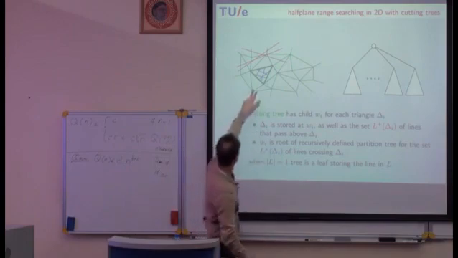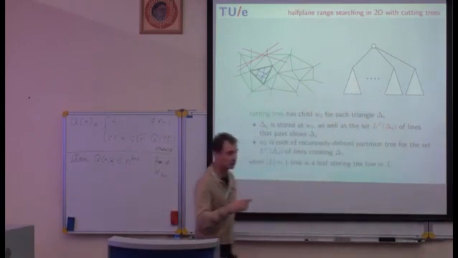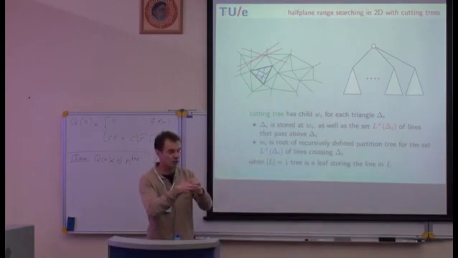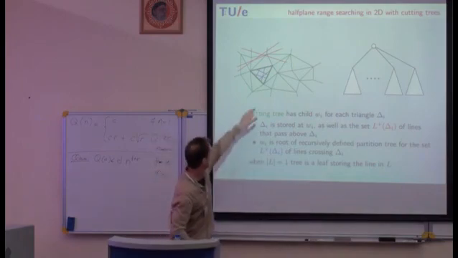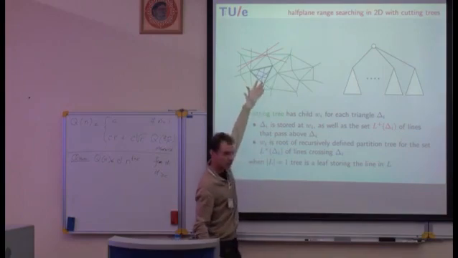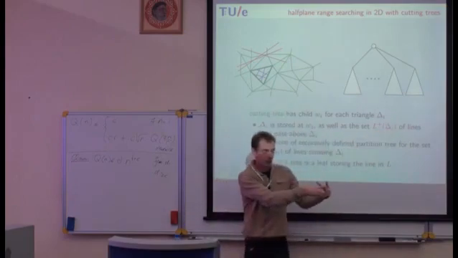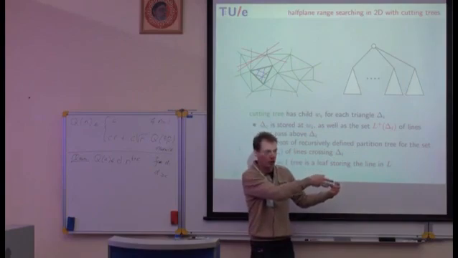So each of these triangles is going to be a child of the root. I store with that node exactly as you're saying: for each triangle, I look at all the lines which are above, and I store that set with that node, and maybe also the size of the set in case I want to do counting.